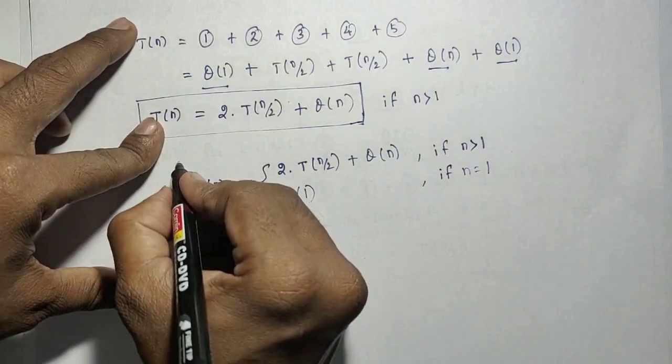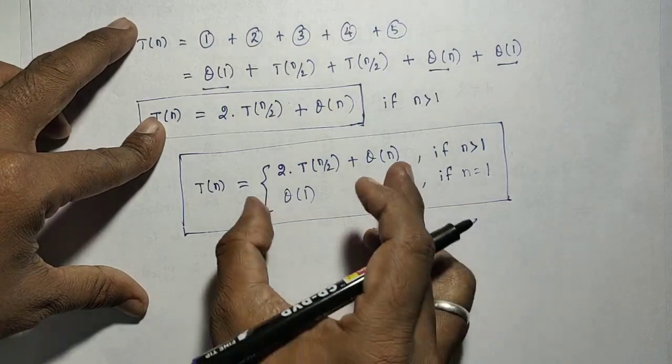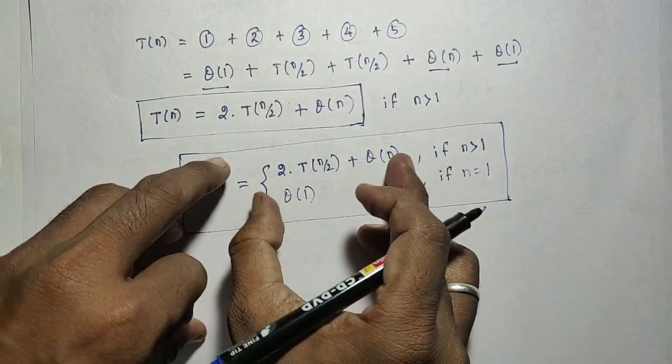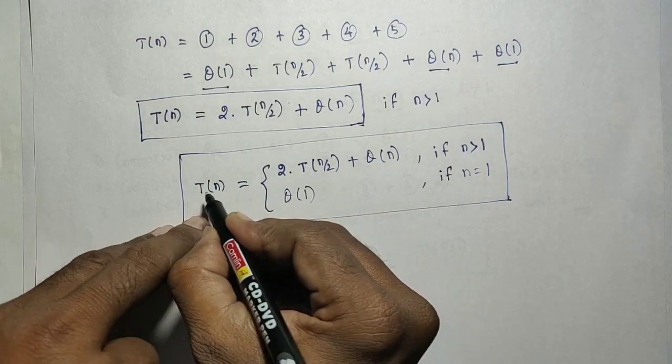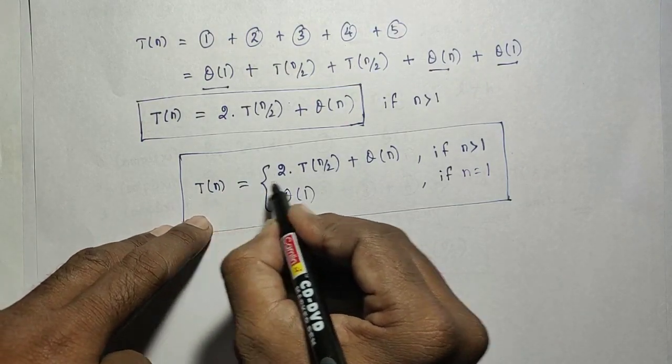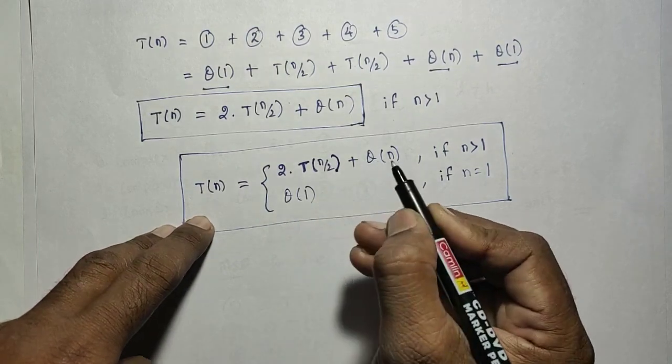It means we are obtaining a complexity with an unknown as a result. This is not the final complexity, because T of n is what we have to find, but it contains T of n by 2, which is an unknown complexity.